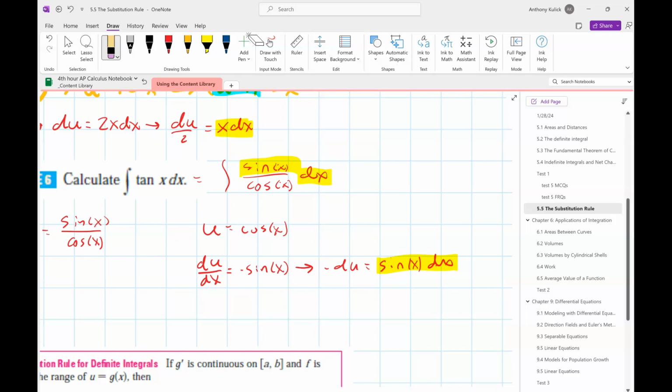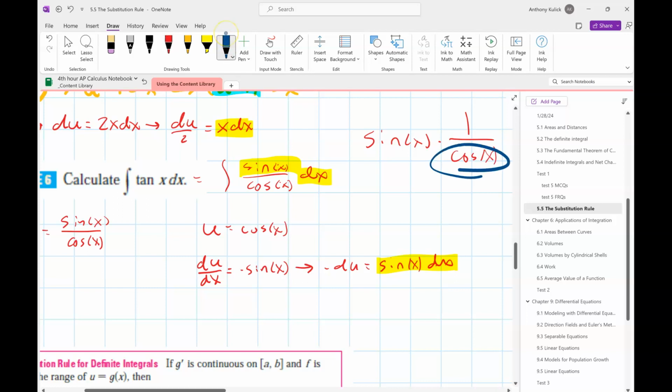But in general, we're thinking about this as sine x times 1 over cosine x. Where's the function composition at? It's the cosine that's plugged into 1 over x, right? If you think about it that way, it's like, oh, of course that would be the u. Okay. All right. Let me erase this, get that out of the way.